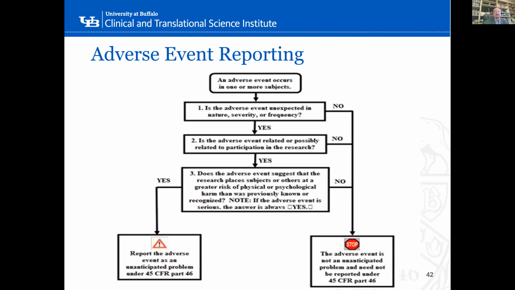Does the adverse event suggest that the research places subjects at higher than normal risk of physical or psychological harm that was previously known or recognized? And if this event is serious, the answer is yes, always by definition, even if you don't think it's something that you have told them before. So you need to report it on 45 CFR Part 46.